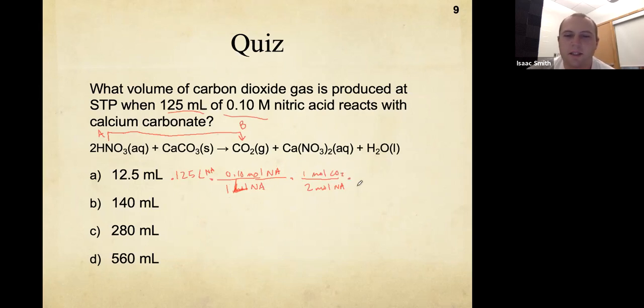And we need milliliters. Oh, and it's at STP. So at STP, we can use 22.4 liters per mole of CO2 gas. Sorry, 22.4 liters of CO2 for every 1 mole of CO2. Do that and you get your liters out.